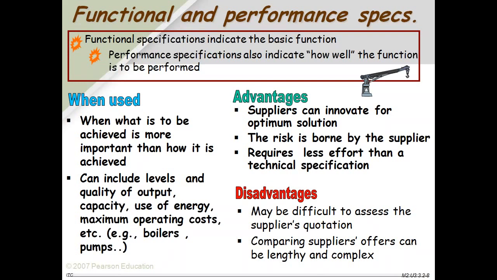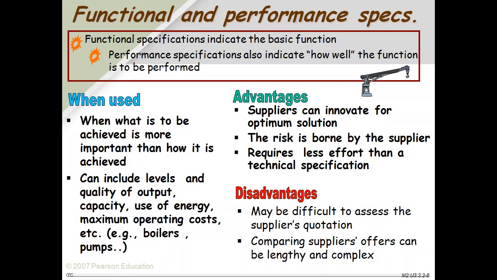It can include levels and quality of outputs, capacity, use of energy, and maximum operating cost. The advantages are obviously quite a lot, but the disadvantage is that it is difficult to assess supplier quotations. The supplier says, I agree with all your specs, and gives you the cost.